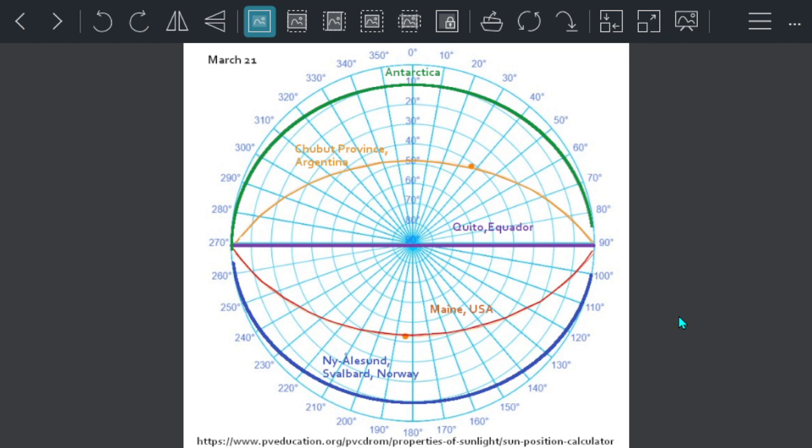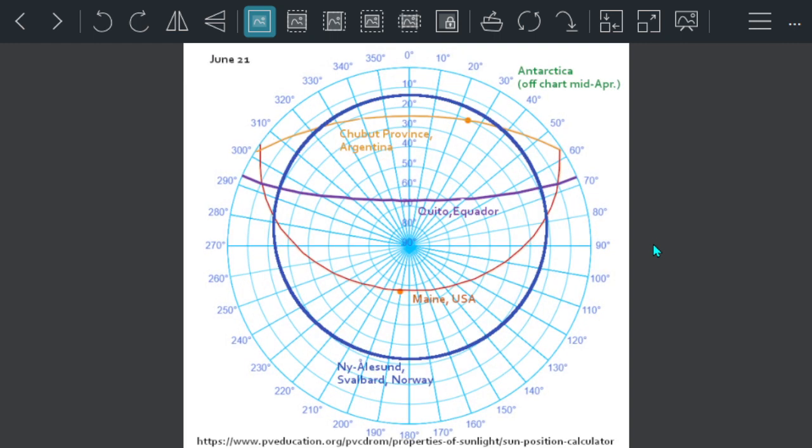And of course, it's going to be the equal opposite on the other side of the compass on each of those times. But the elevations depend on how far away you are from the equator. But as we saw, even in Ecuador, when it's summer in the north, the sun is still pretty high, but it's at a little under 70 degrees.